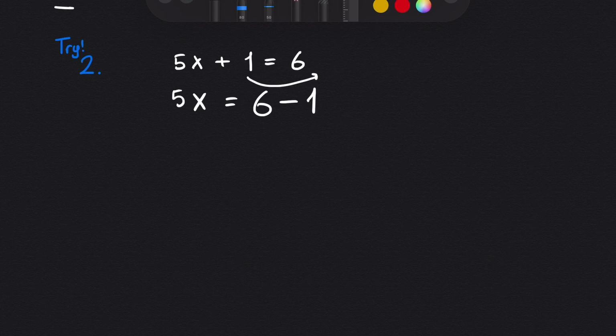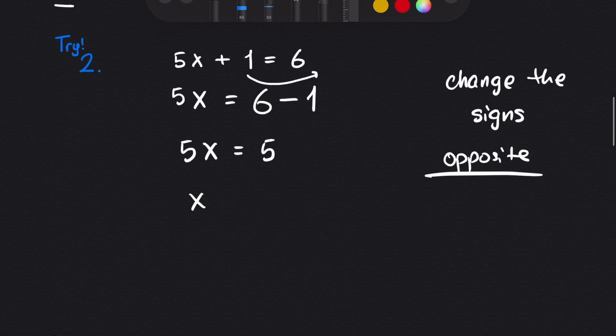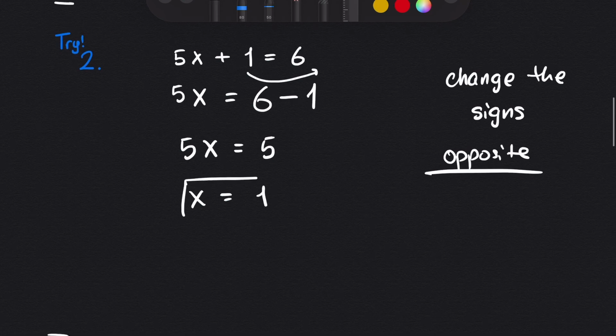And then we're going to have 5x equals 6 minus 1. And then we're going to have 5x equals 5. And now we're going to do the opposite of what we're doing on this side. 5 multiplied by x, so we're going to divide by 5 in order to find the x. And then we have x equals 1.